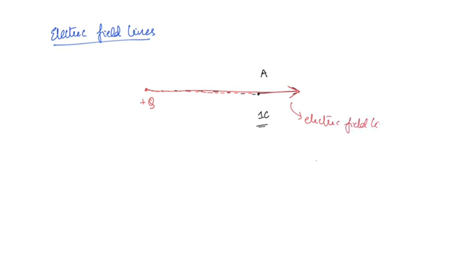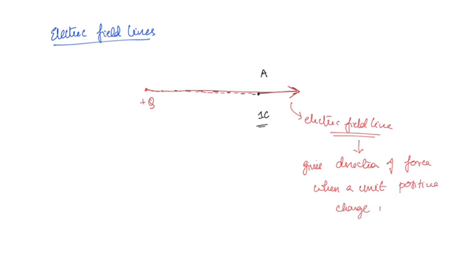So basically an electric field line is something which gives the direction of force when a unit positive charge, this point is important, a unit positive charge is placed on it. So this is only one electric field line.